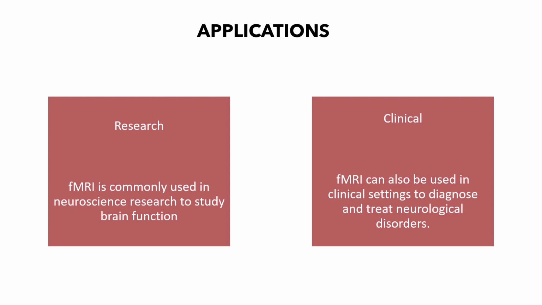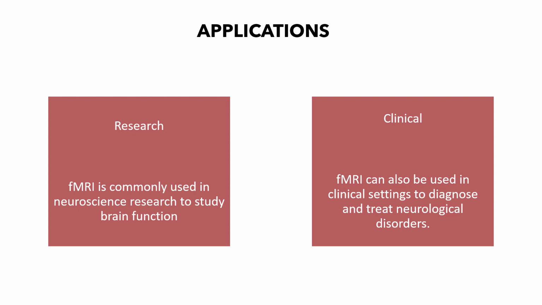While if we talk about clinical setting applications, it could be used to diagnose and treat neurological disorders. Basically, fMRI is majorly used for neurological signs and neurological disorders only. For example, fMRI can help identify areas of the brain affected by neurological conditions such as a stroke or a brain tumor.